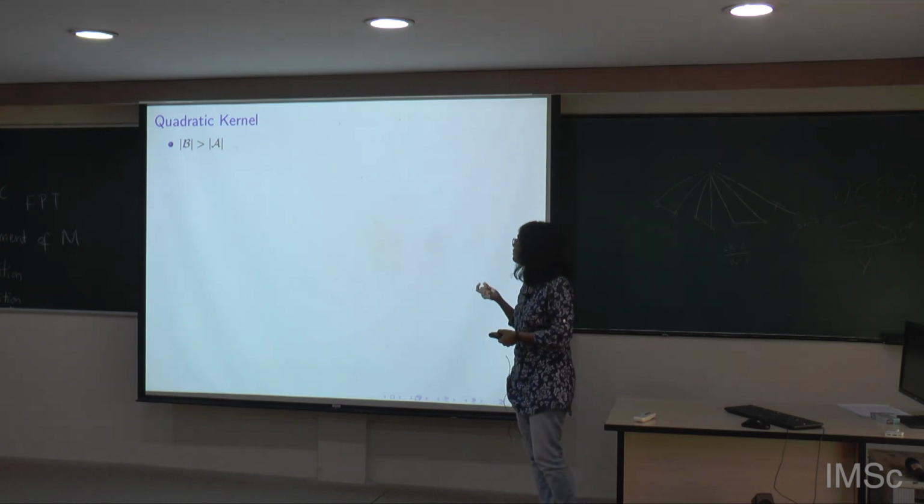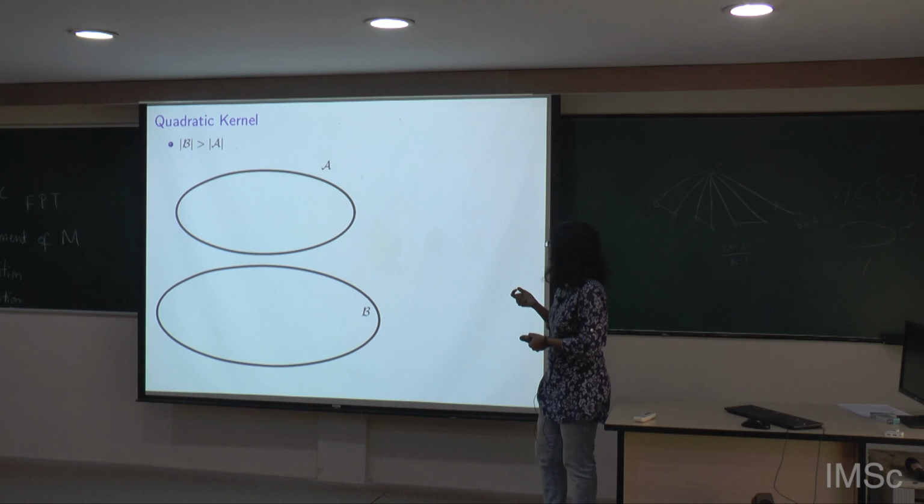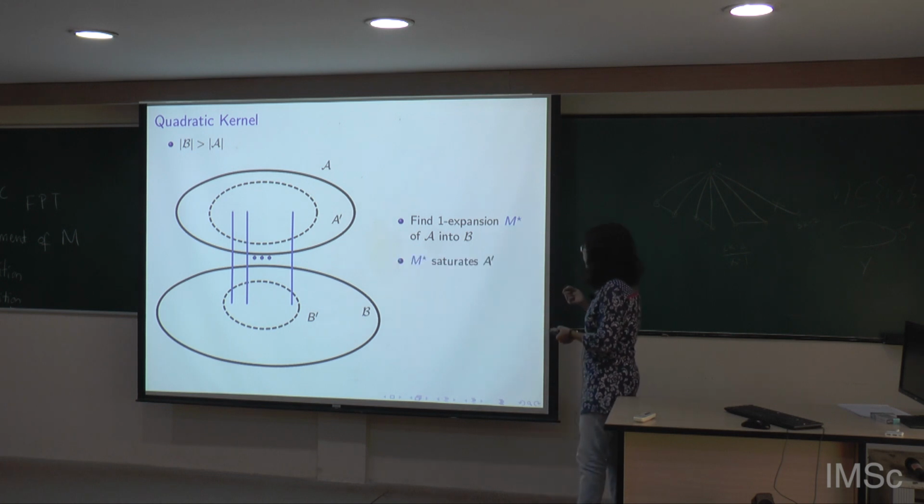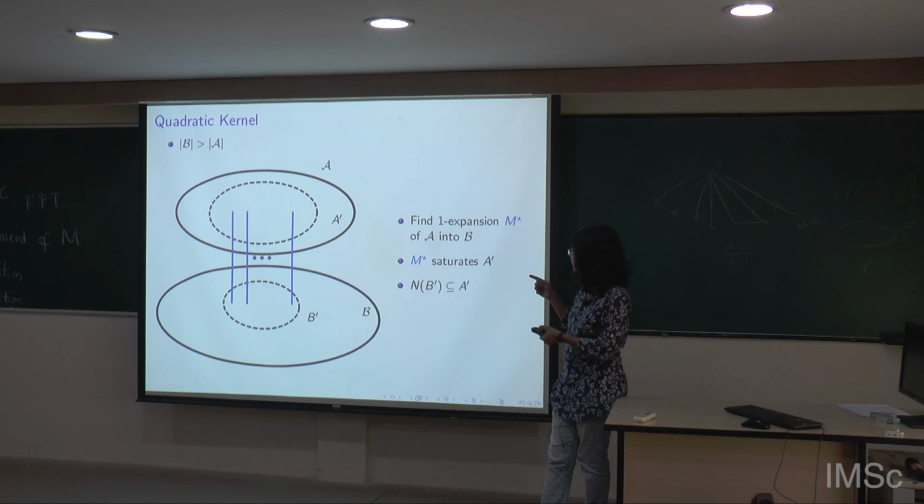So B is obviously greater than A. So I have these two sets, A and B, and we find a one-expansion M star of A into B. Let's say this is A prime and B prime. What is the property? M star saturates A prime, and the neighborhood of B prime is a subset of A prime. This is what we get from the definition of expansion, right?